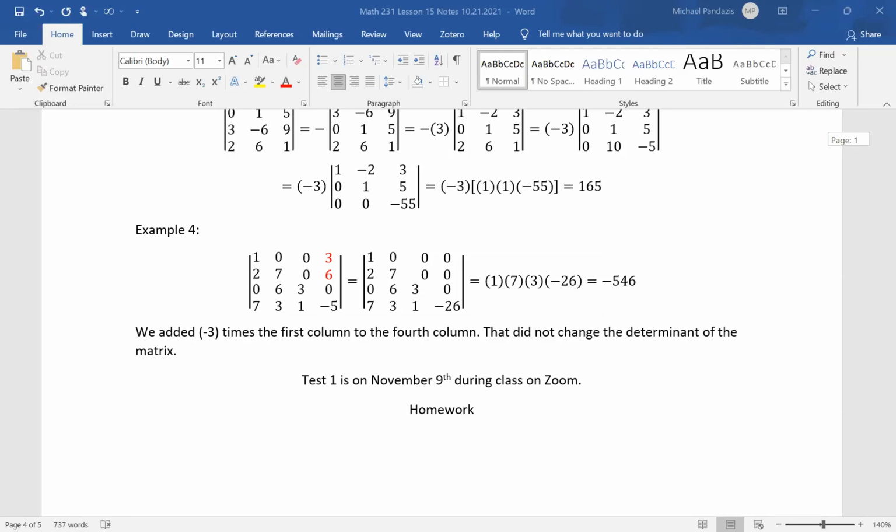So the homework is going to be the sections 1.8 and 1.9. Let me go to the homework here.